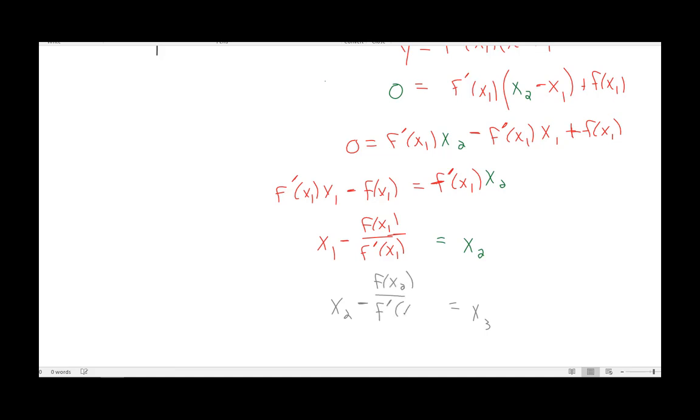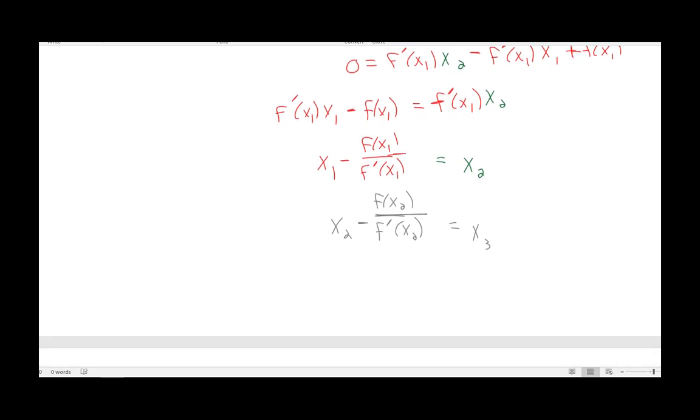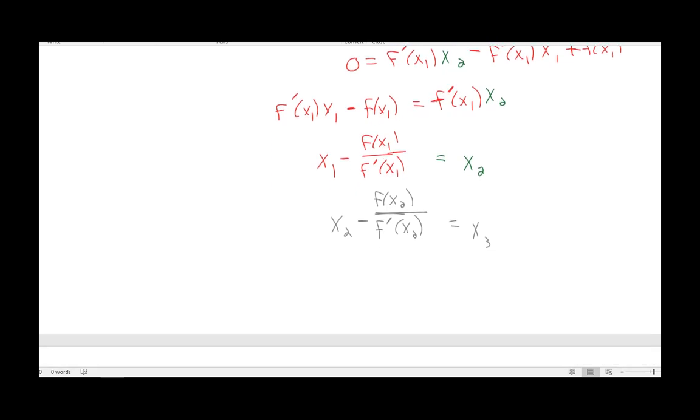I don't want to take the time to repeat that, but it wouldn't be difficult. Feel free to pause the video, find the equation of that second tangent line and its x-intercept, x3, and you're going to notice x3 has this form. So this is what we call an iterative process: the next guess of the zero of our function.